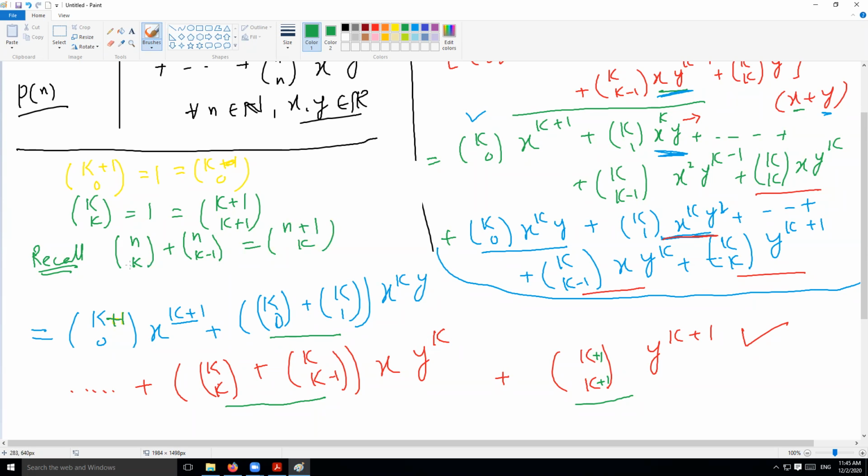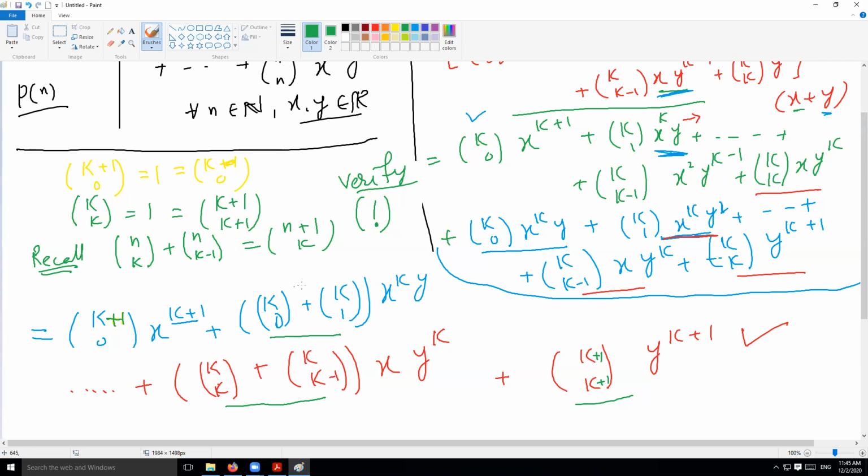So n choose k plus n choose k minus 1 is equal to n plus 1 choose k. Verify this identity. Don't trust me. Verify that this is true. Calculate this side and this side, add them and see whether you get this or not.